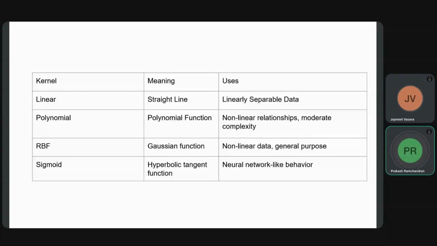Maybe this Gaussian function is our continuous function, right? The normal distribution, what we call, right? RBF, what does the R stand for? Radial basis function. So you take a radial from where?